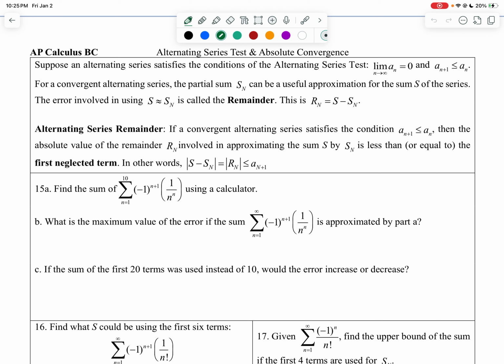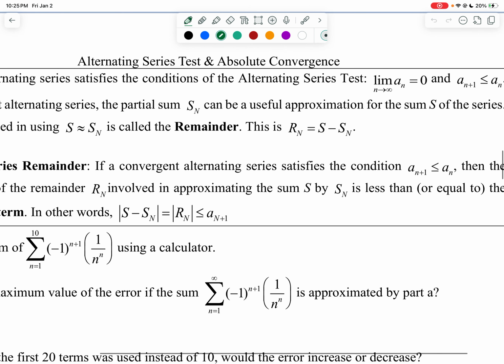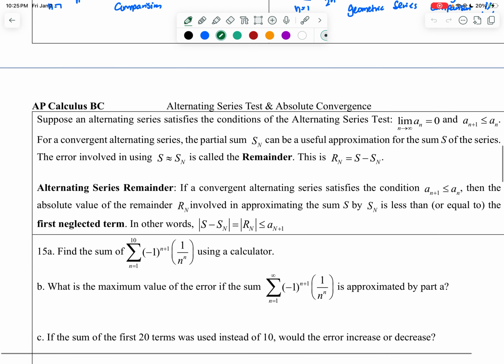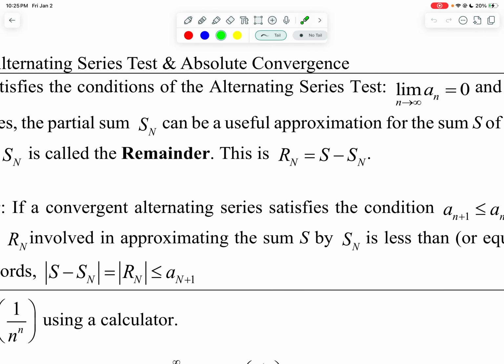Basically, you're going to confirm that the series is an alternating series, and then we are going to find the error in terms of approximating it in terms of the actual sum. So, if r sub n is the actual sum, which, what is r sub n? Oh, r sub n is the remainder. So r sub n is going to be the remainder, and s is going to be the actual sum.